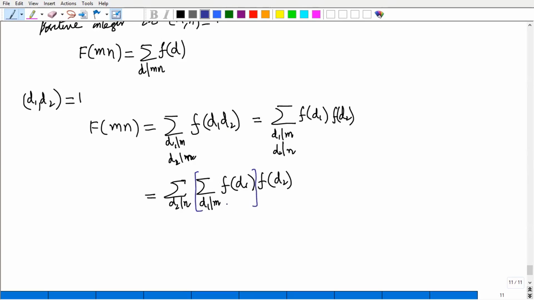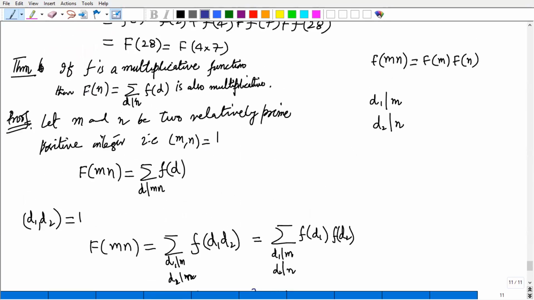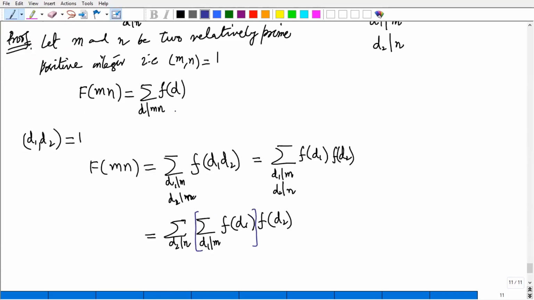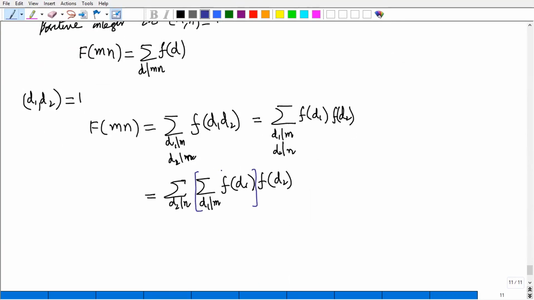If we use the definition here, by definition of capital F, the inner sum could be written as F(m), because the sum runs over the divisors of m of f(d1).